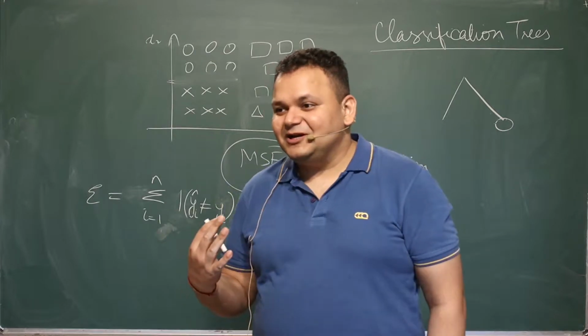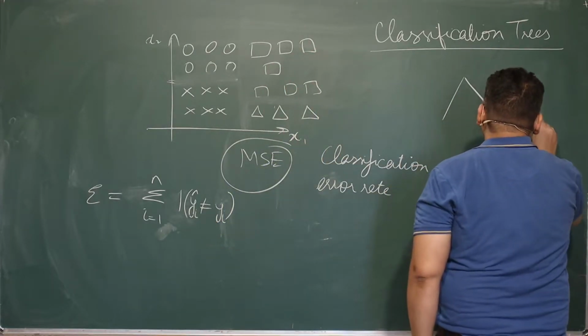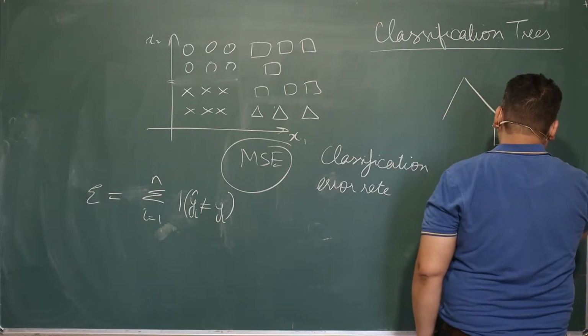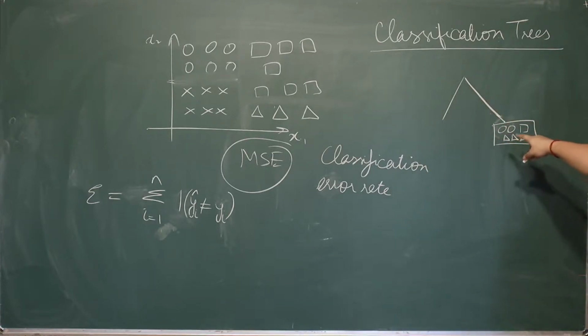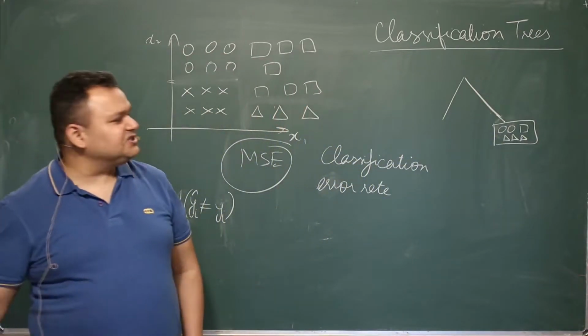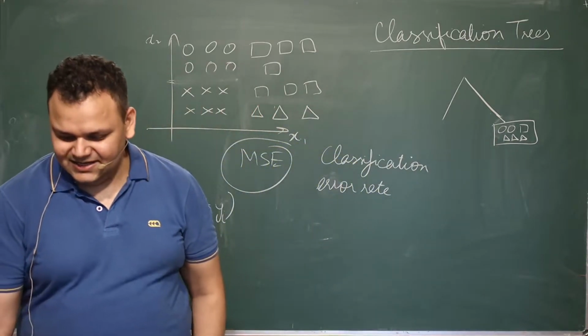No, 1 out of 4 classes, but इस node पर let us say जो सारी observations हैं, they look something like this. All the observations that are present on this node look like this. There are 6 observations present on this particular node. So what is the prediction going to be from this node? Well, the majority, so the triangle.